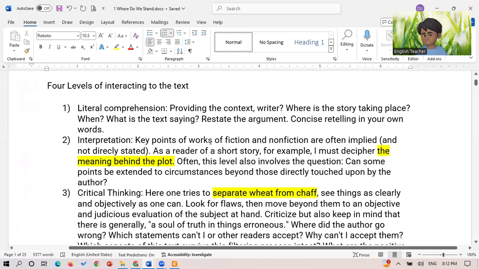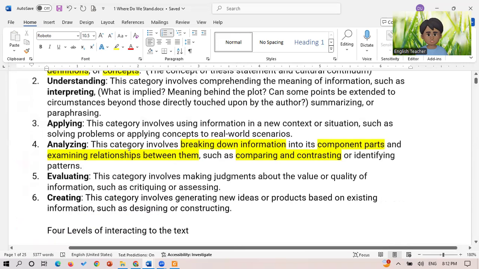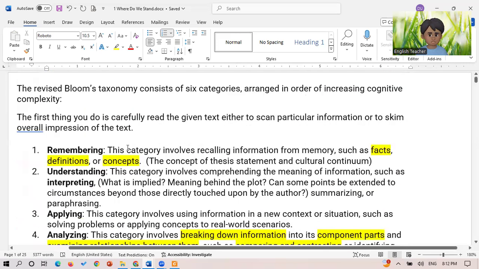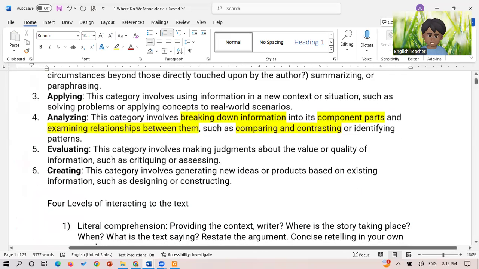Literal means understanding exactly what the author is saying. And in literal comprehension, you do not add your view, you just retell what you believe the author is trying to say. This is the first level of reading. And this level of reading, if you see, matches very much with Bloom's taxonomy category of remembering and understanding.